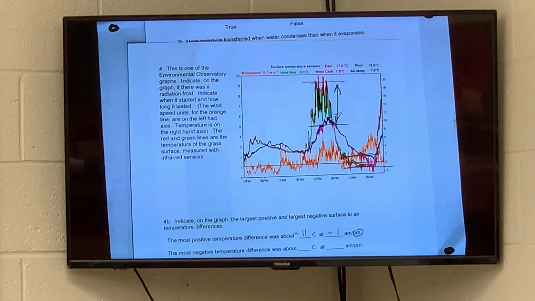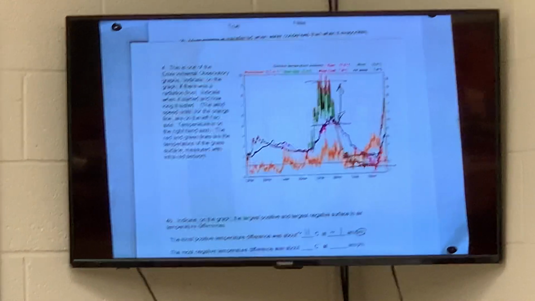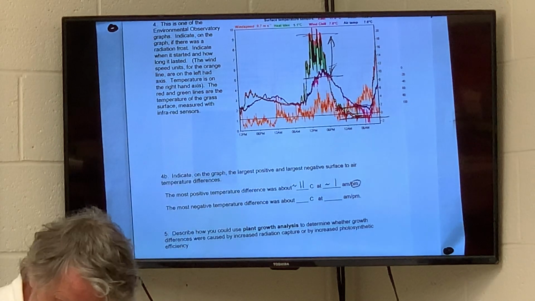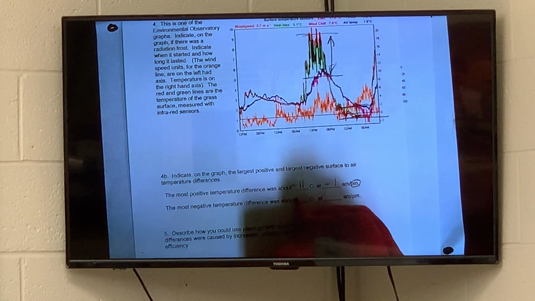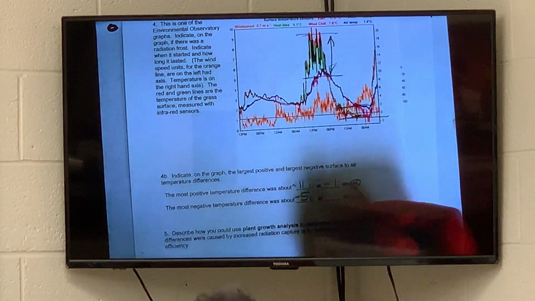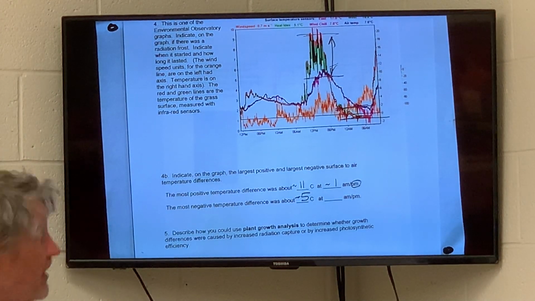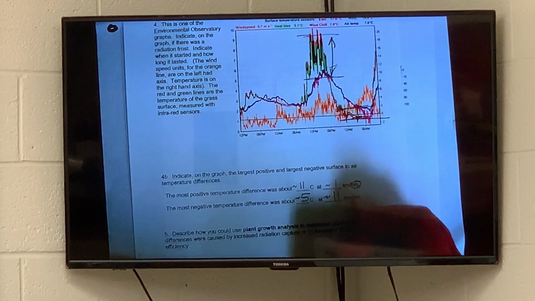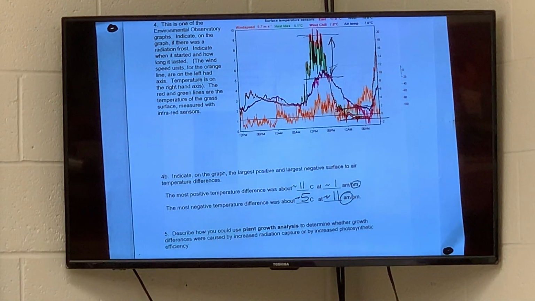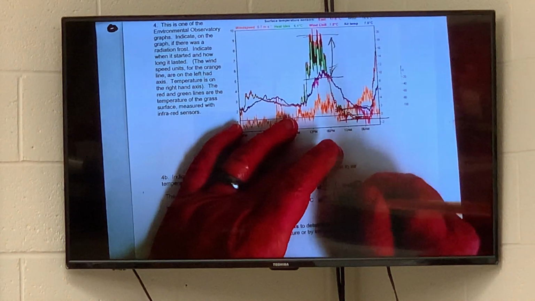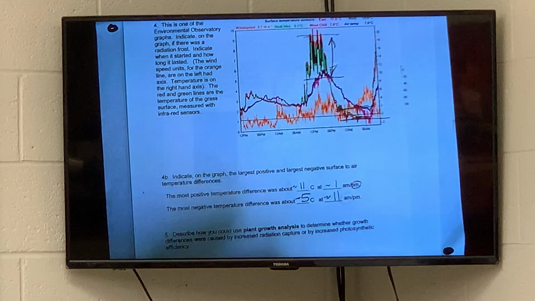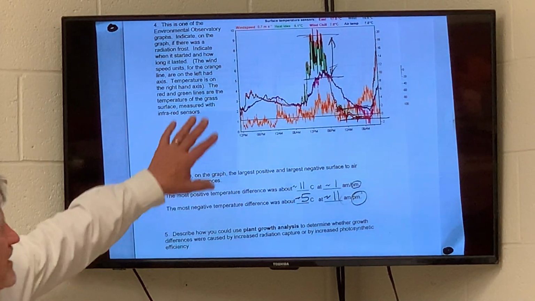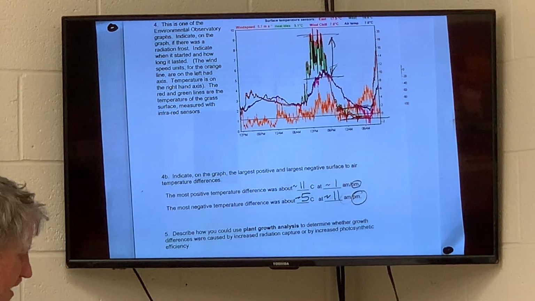It doesn't look like I filled in this second one, but the second one is -5, the most negative temperature difference, and it occurred at about 11 p.m., sorry. I'm not sure I gave you that on the graph. So there's the two answers for this, interpreting this graph.